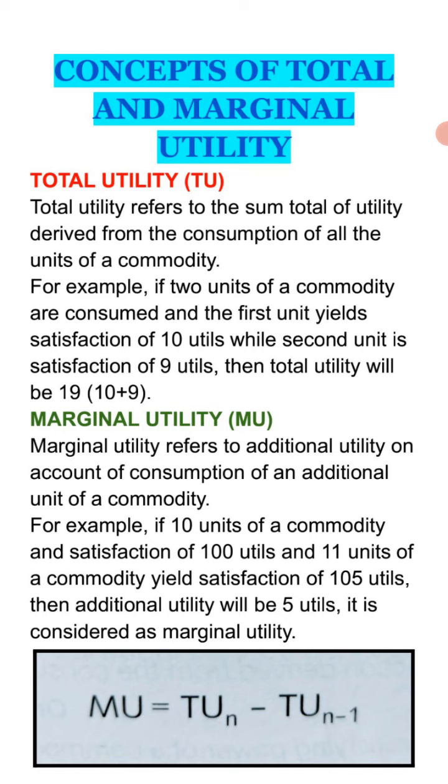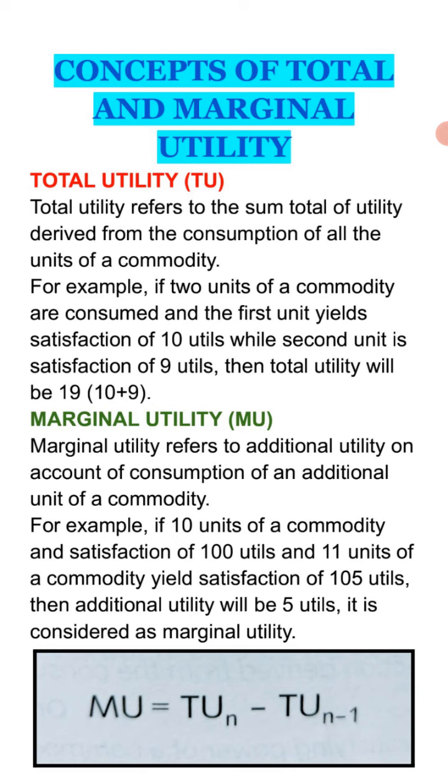Now the next concept is marginal utility. So it refers to the additional utility on account of consumption of one additional unit. By consuming one extra unit, whatever the extra satisfaction derived, that is known as marginal utility.